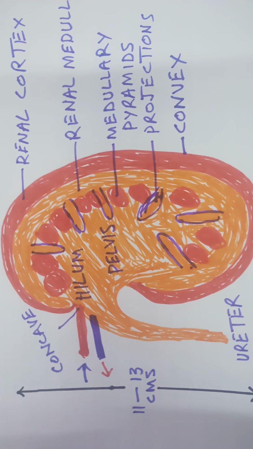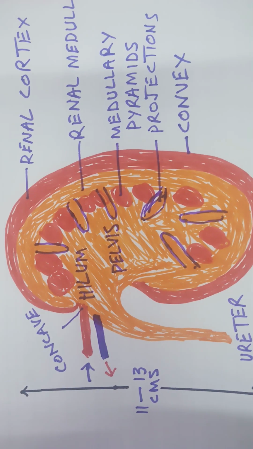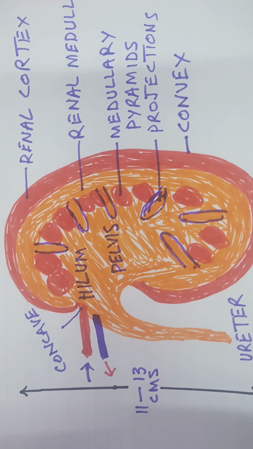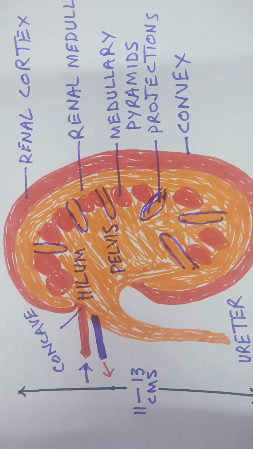Each kidney is composed of approximately 1 million microscopic structures known as nephrons. The nephron is the structural and functional unit of the kidney.